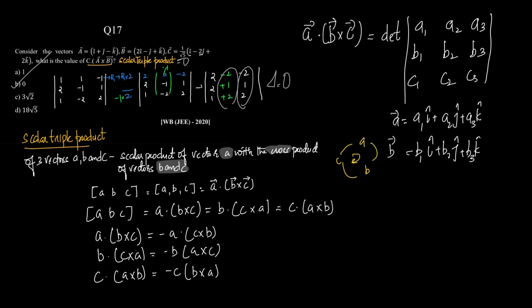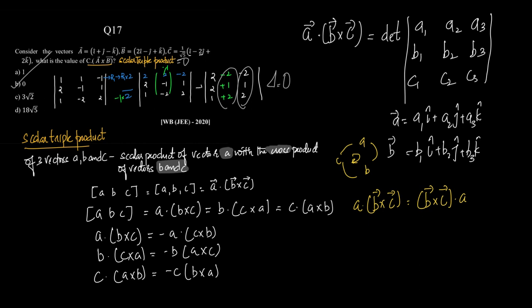Now let us see the practical application of this. What does this mean in a three-dimensional axis? Before we go to the application, we can also write down another property, which is A dot B cross C is equal to B cross C dot A. Very basic, I know that.